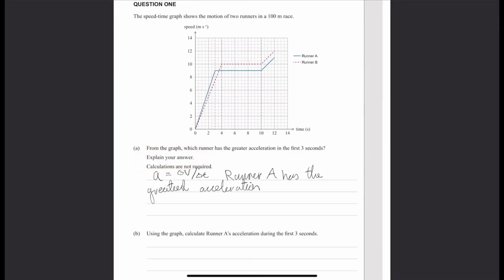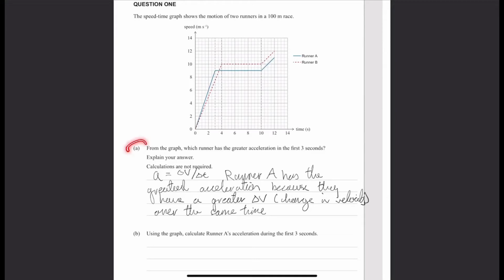So we're going to come on and say, because they have a greater delta V, or change in velocity, over the same time. Cool. And that's 1A done. Let's move on to B.